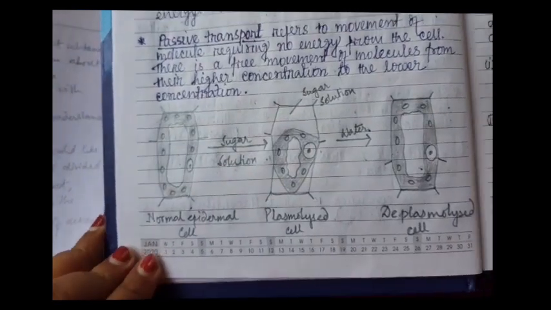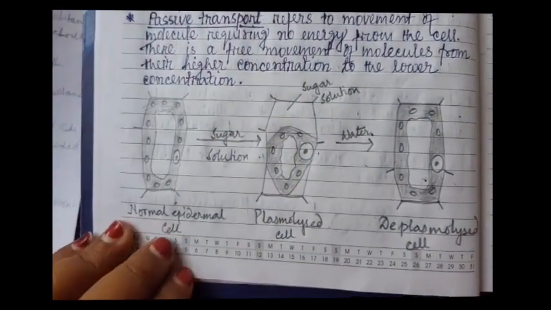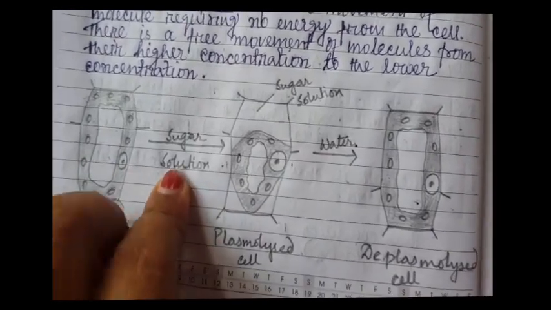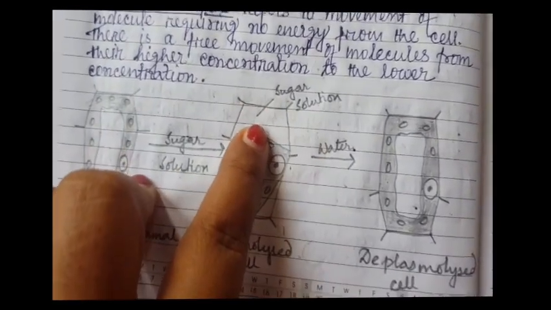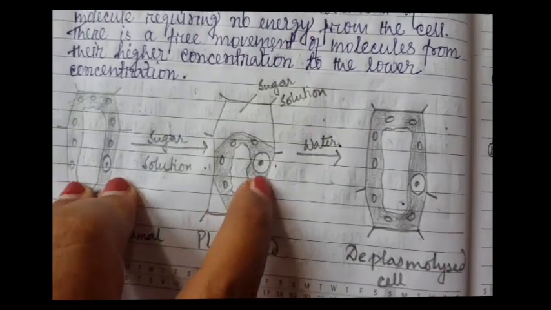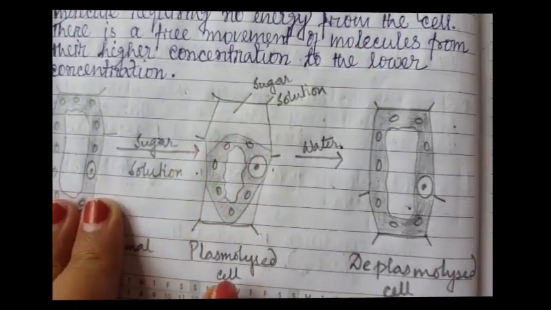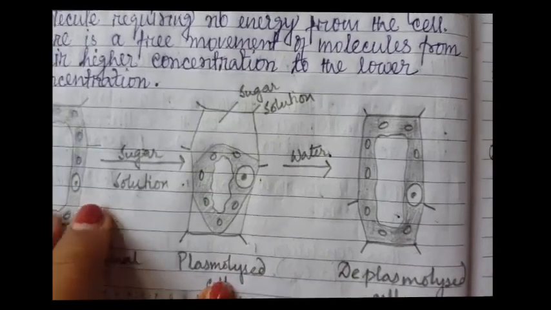Now, here we can see it was a normal epidermal cell. When it is put in sugar solution, you see the sugar solution has taken the place and the cytoplasm or the cell protoplasm has shrunk, and hence it has become a plasmolysed cell.